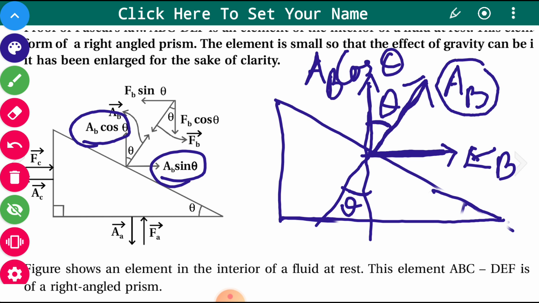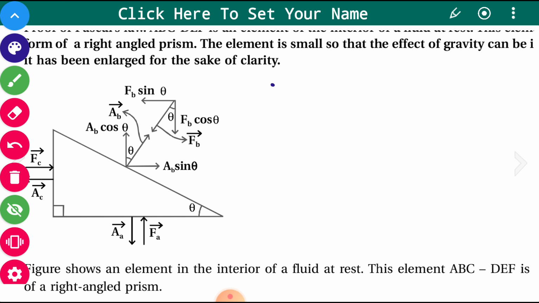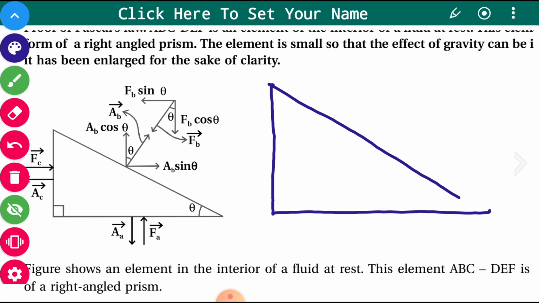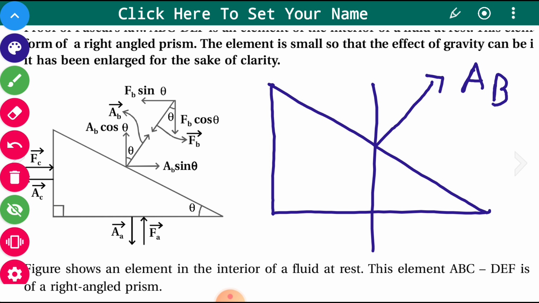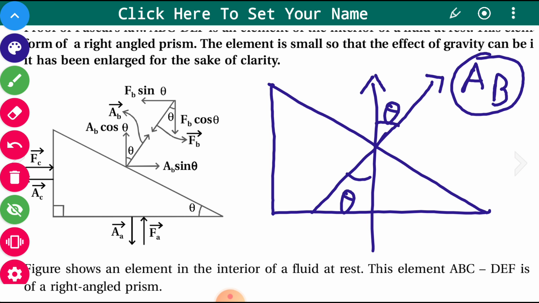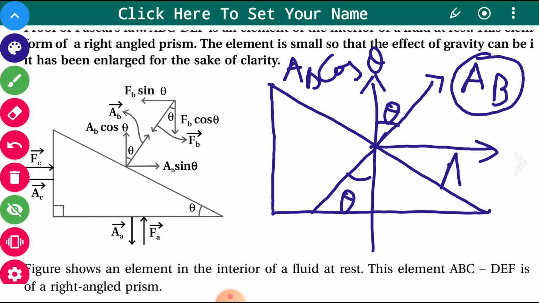So the area vector which we are considering, say for example, is the area of the B surface, which is AB, and the angle made by this vector is theta, so this angle will also be theta. So the component of this AB in this direction will be AB cos theta, and in this direction the component will be AB sin theta.